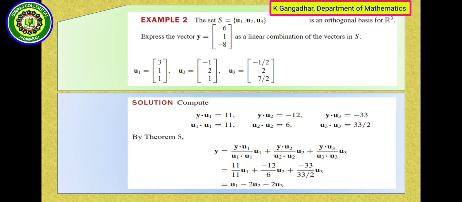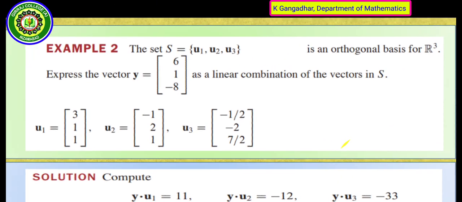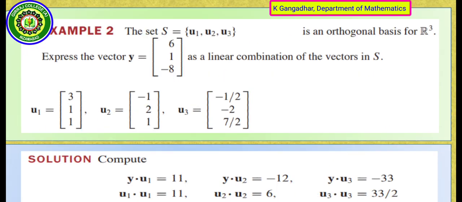So one problem. The set S, u1, u2, u3, is an orthogonal basis of R3.